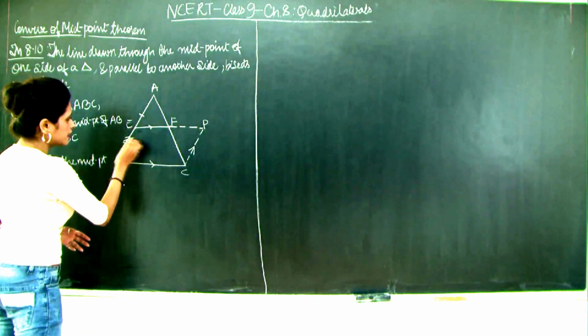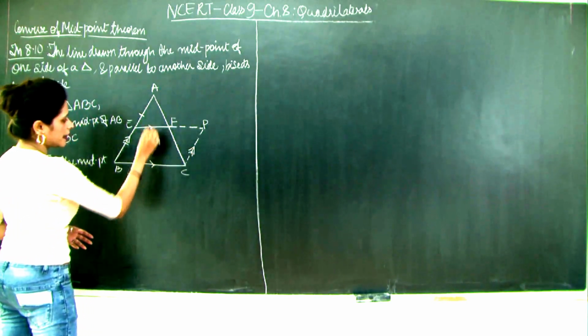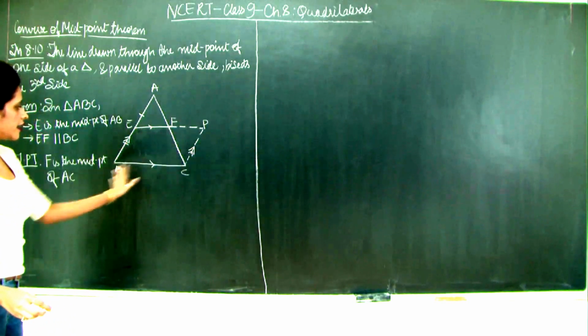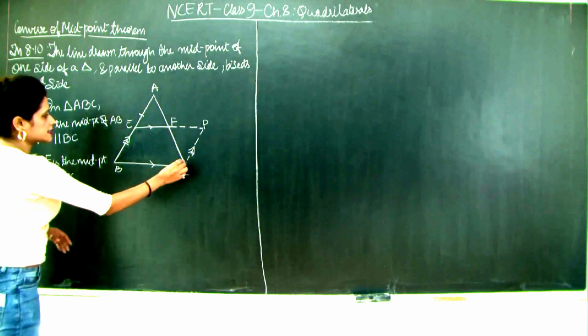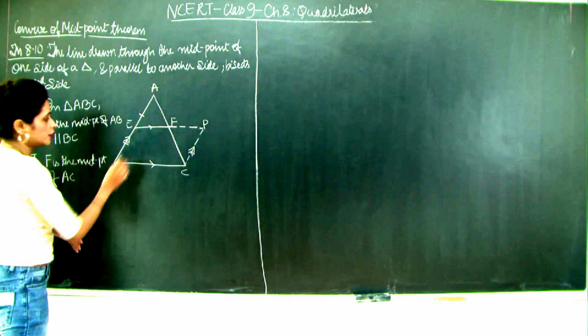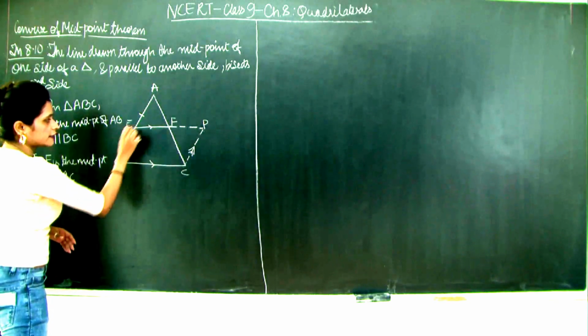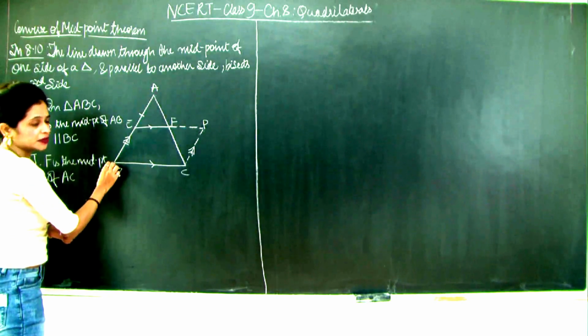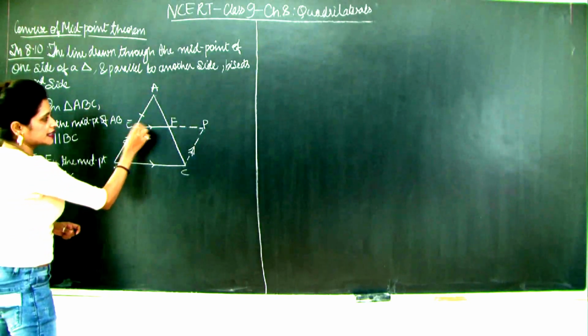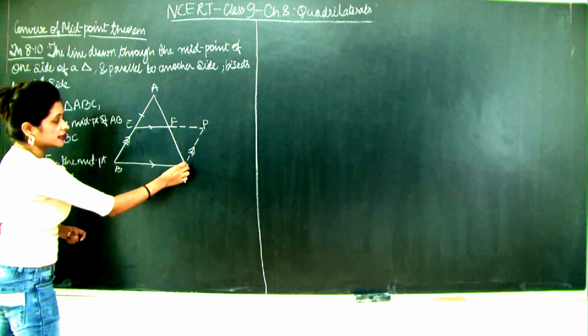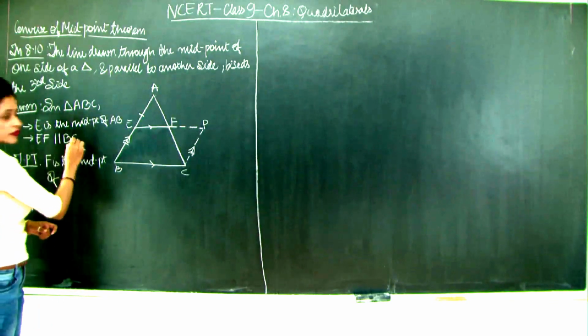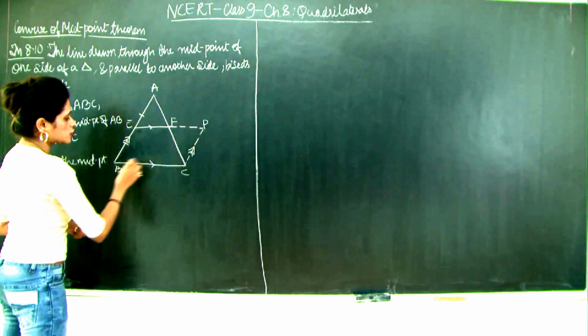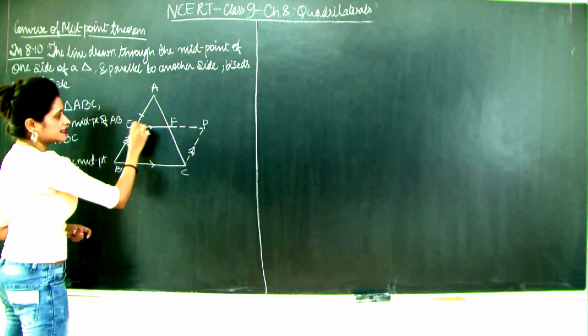Let us mark it with double arrows, since we have already marked parallel for EF and BC. Now CP is parallel to BA, which also implies that CP is parallel to BE, correct? Because E lies on the line segment AB. Also, it has been given that EF is parallel to BC, so EP will also be parallel to BC because F lies on the line segment EP.